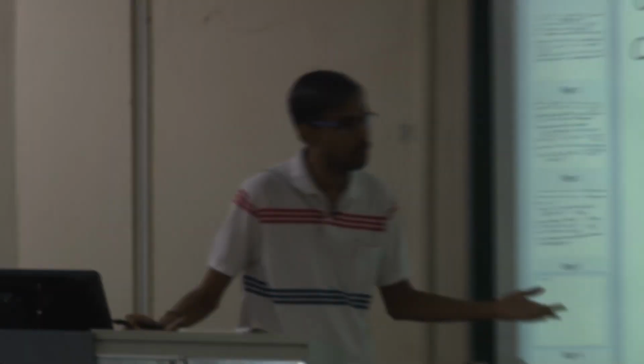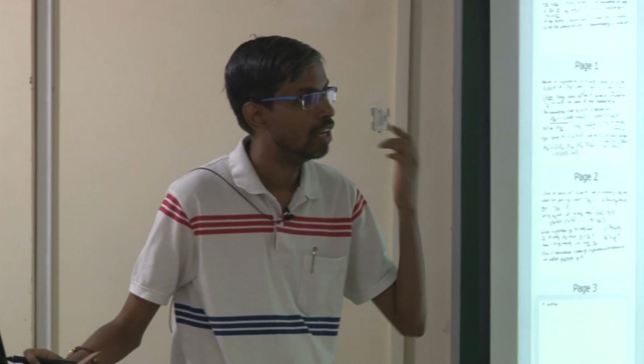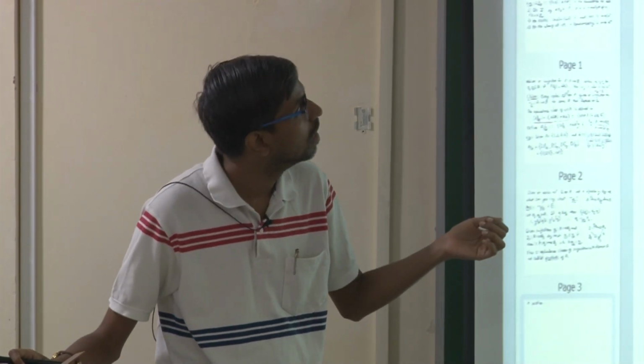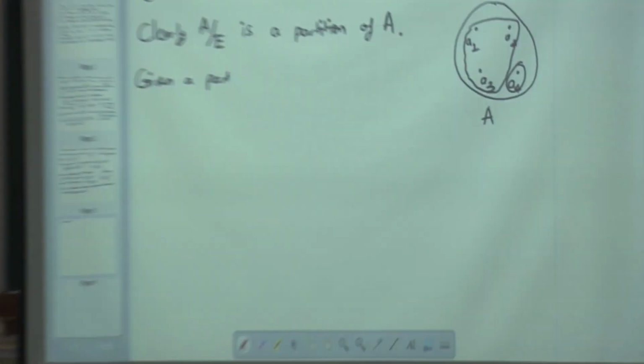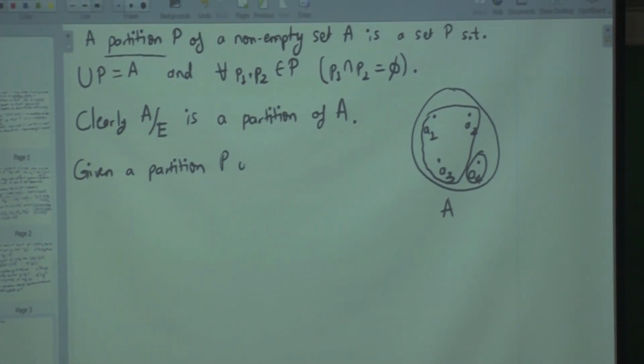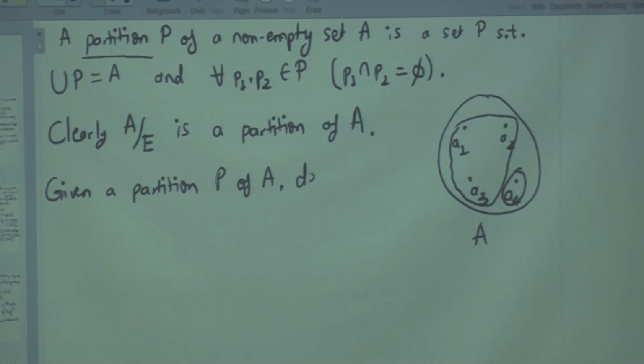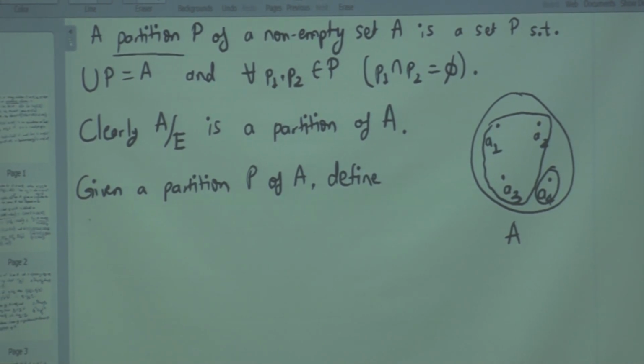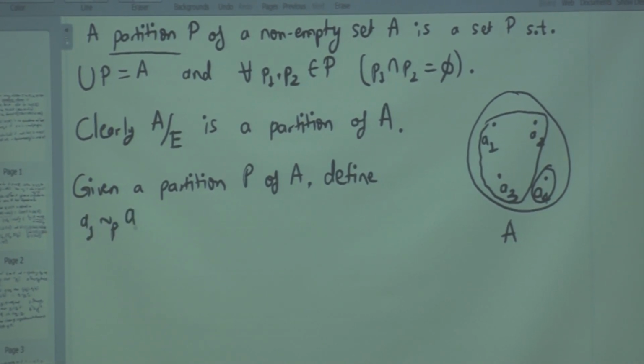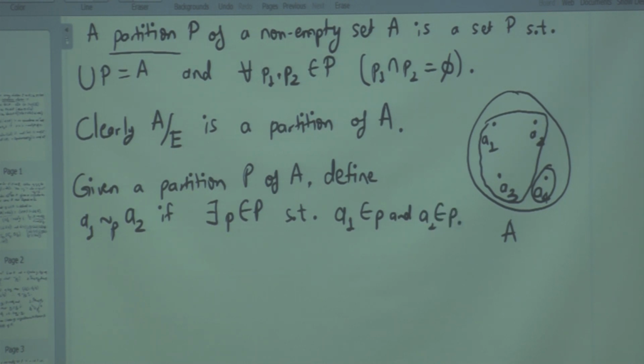Conversely, given a partition, we can define an equivalence relation. So given a partition P of A, define A1 tilde P related to A2 if there exists some small p in P such that A1 belongs to p and A2 belongs to small p.